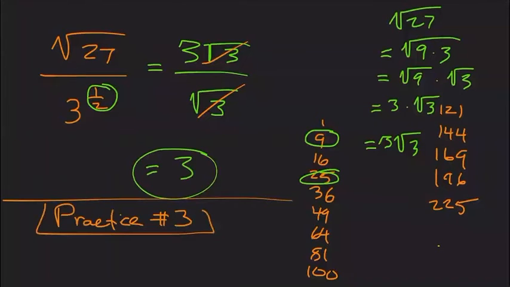Let's try to mix it up a little bit. Let's say we have 2 to the 1/2 power over square root of 32. Let's go ahead and pause the video and try that out.